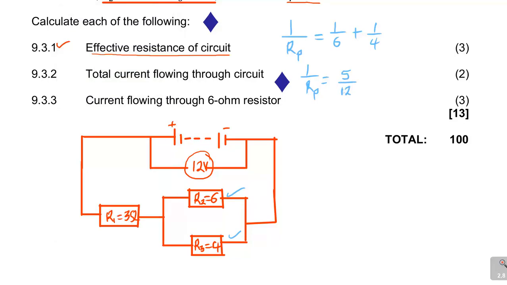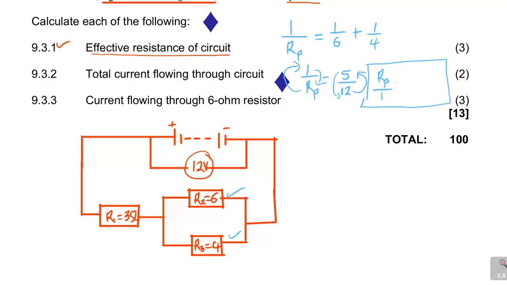Now, most students always say RP is 5 over 12. No, that is not the answer. Remember, for you to find the answer, you have to flip. In other words, RP goes to the top and 12 also goes to the top, and the number 5 goes to the bottom, and this number 1 goes to the bottom. So I'm saying RP goes to the top, not 1 over RP, but RP. You just flip them.